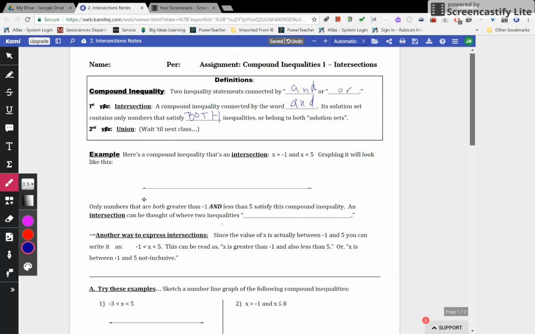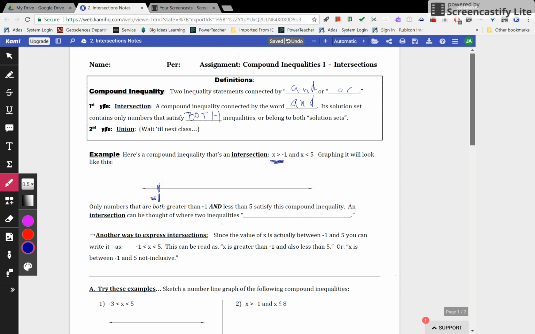For the example, here's a compound inequality, an intersection, where x is greater than -1, and that keyword and, x is also less than 5. So how would I graph that? Well, if I went the long way, I could graph the first inequality in blue. So x is greater than -1, so here's -1.